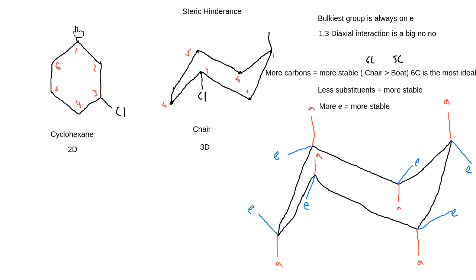These substituents are usually wedges or dashes. They're not on straight lines. So let's say this is a wedge, and let's say this is a dash. Because I placed a wedge here and a dash here, these two might not both be axial. And in fact, the chlorine goes equatorial here because the chlorine is bulkier. So just keep those in mind.